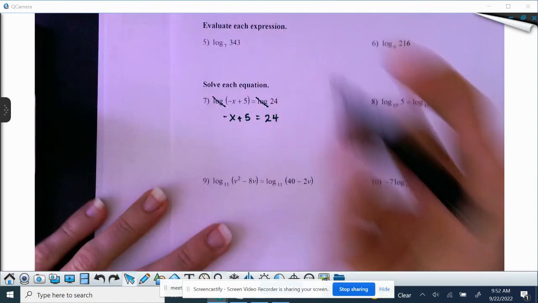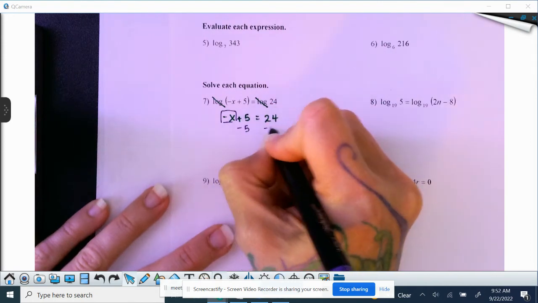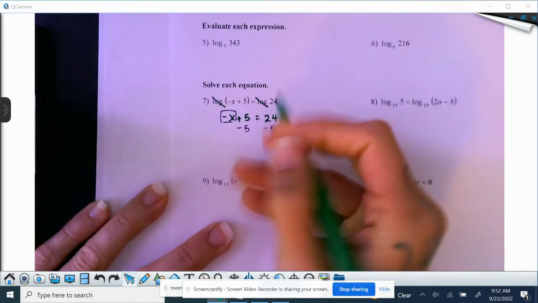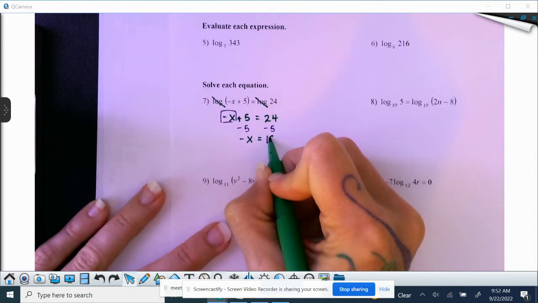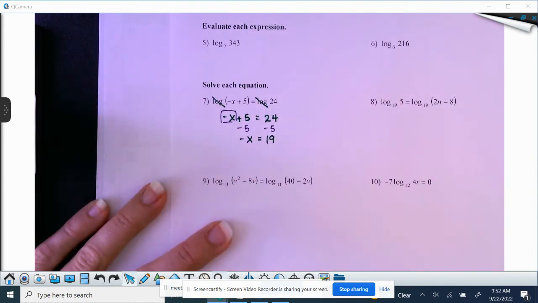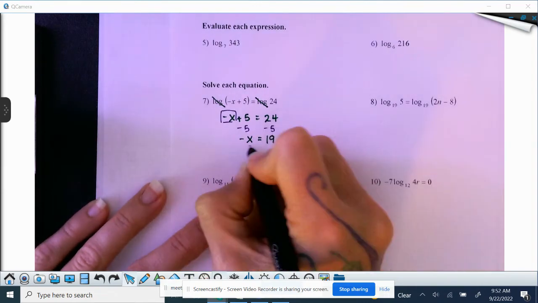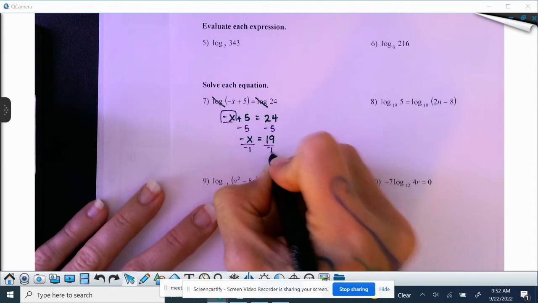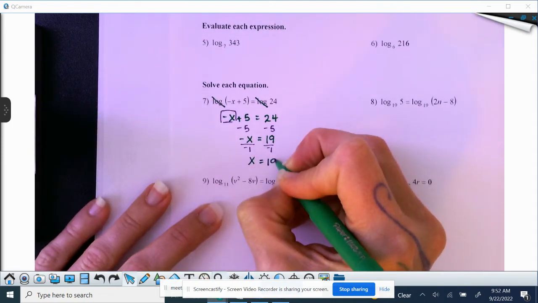Since we're solving for negative x, make sure we hold on to that negative because it's easy to slip away. Negative x equals 19. And then obviously this is not x equals 19. We want to divide by negative 1 to make sure x is positive when we're done, so x equals negative 19.